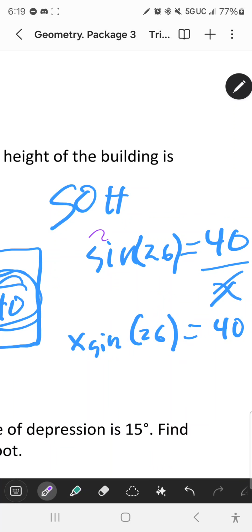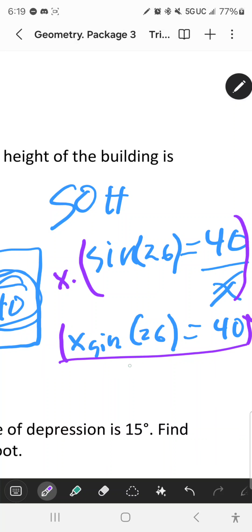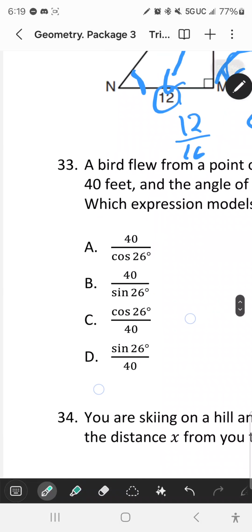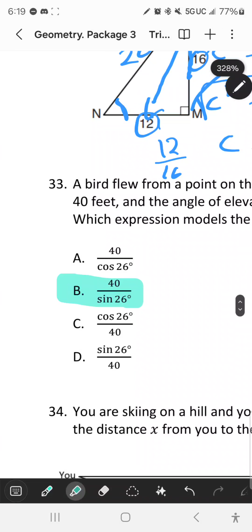It cancels here, and x will be equal to 40 over sine 26. And this right here is our answer.